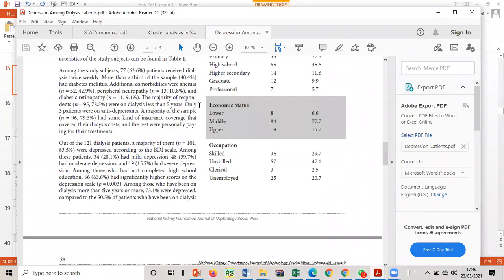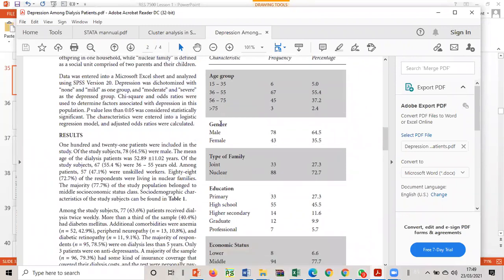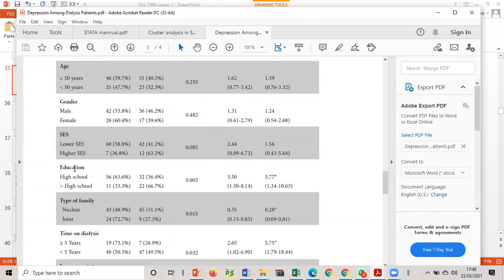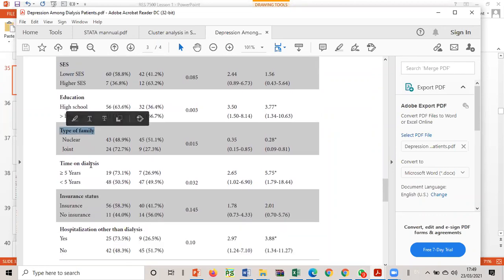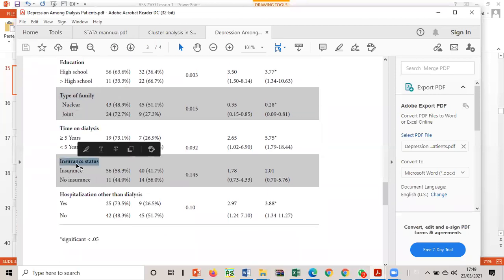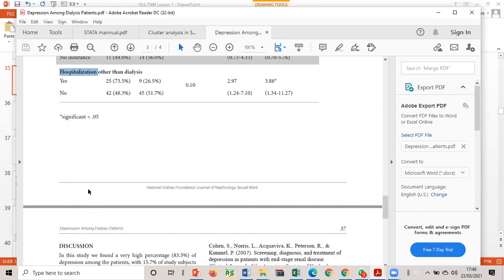Look at the factors, some of the factors, not all. Age is there. Gender. Okay. Age, yes. Gender, socioeconomic status, education, family type, dialysis duration, whether insurance or not, whether they're hospitalized, from this article.